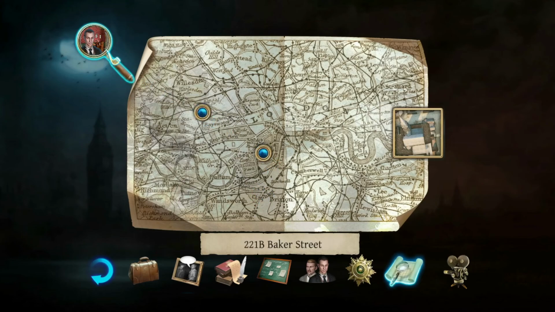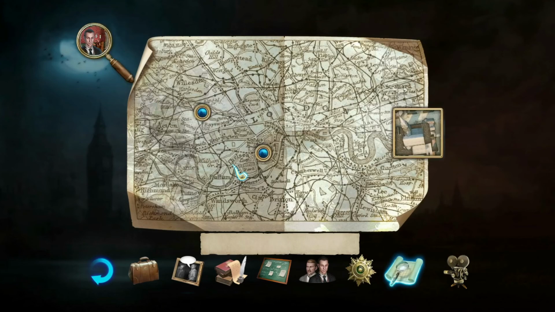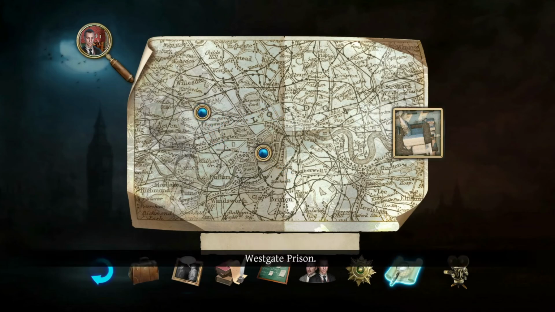Kensington Gardens, Westgate Jail, Whitechapel Street. I'll probably start with the jail. Maybe. Yeah, I'll start with the jail and then go... Westgate Prison.